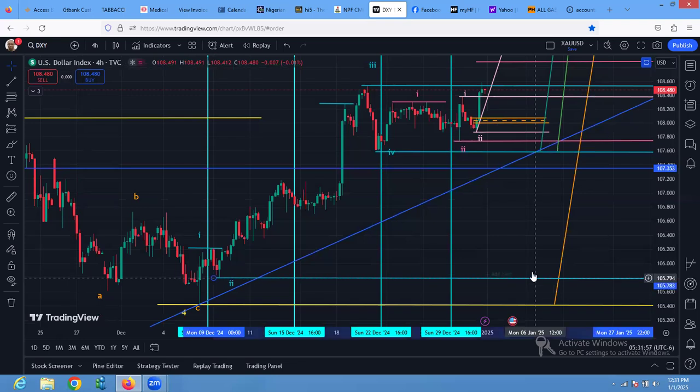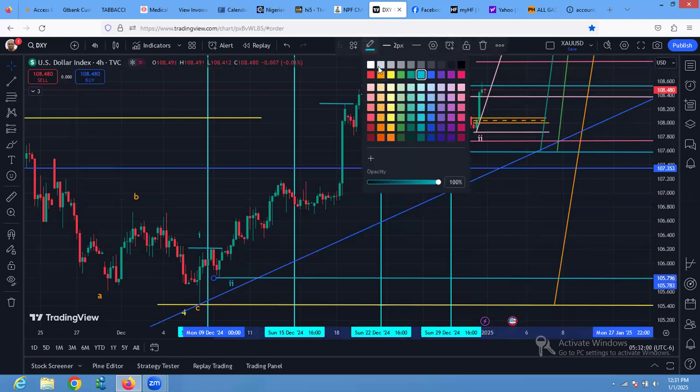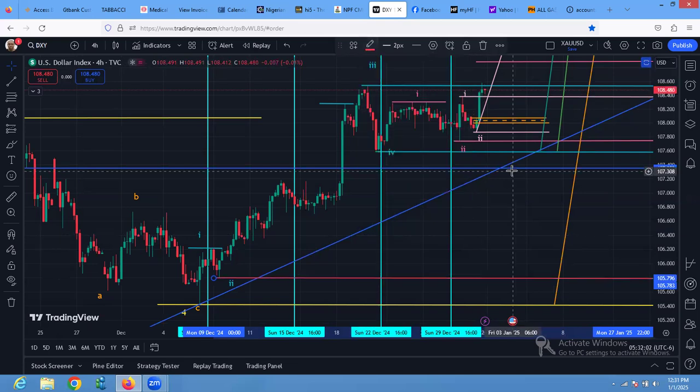This area is the primary two for now, which I can change to red. So price may come, walk down around this area. We're going to look at the manner of correction. If we're going to get that, of course, we're going to be selling it in case something else is going to happen. So we have to be cautious, and not until we're able to see the whole thing play out.